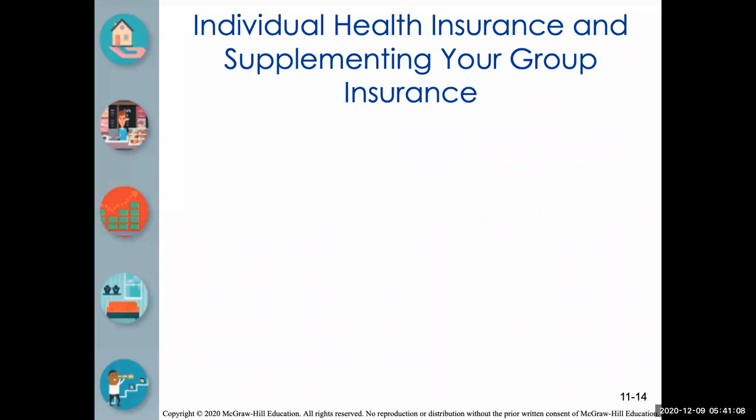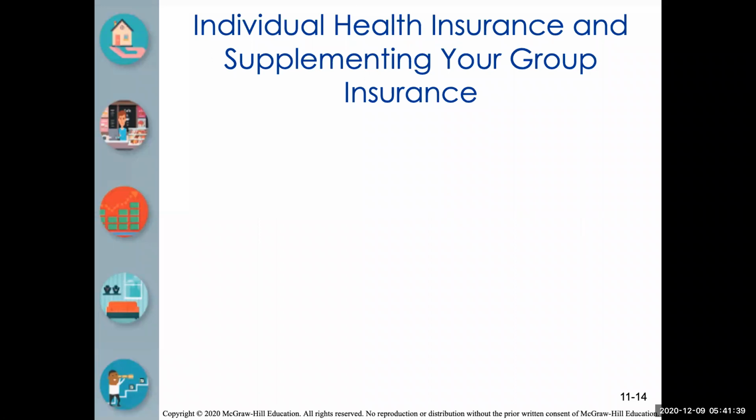So we had group plans, and then we have individual health insurance and how we go about supplementing the group insurance we might have. You might have a chronic condition, or needs that go above and beyond the coverage your group policy offers.